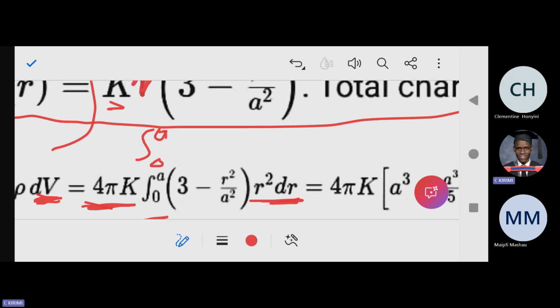Then the integral of 3r squared minus the integral of r to the power 4 over a squared, then you say dr.